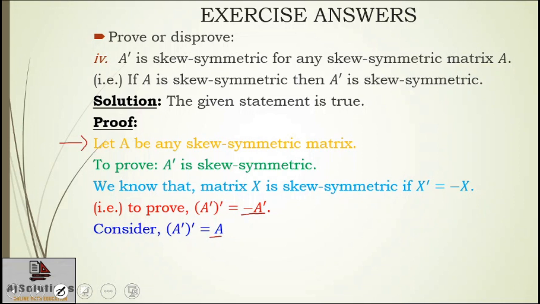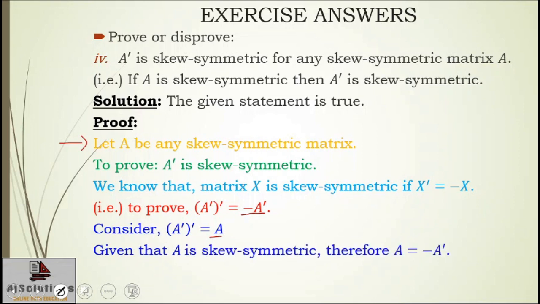So you are going to write next what you have assumed. You have assumed A is a skew symmetric matrix, so A equals minus of A transpose. So I am going to put this value of A over here, in place of A, minus of A transpose.